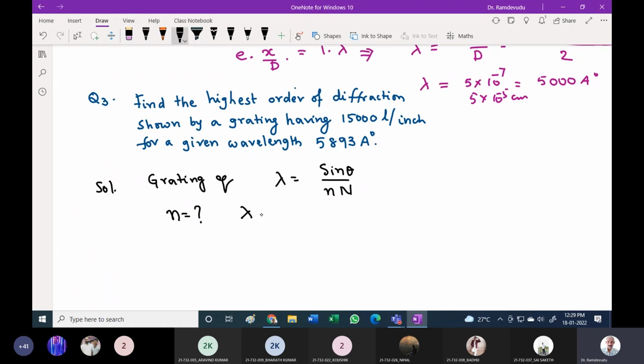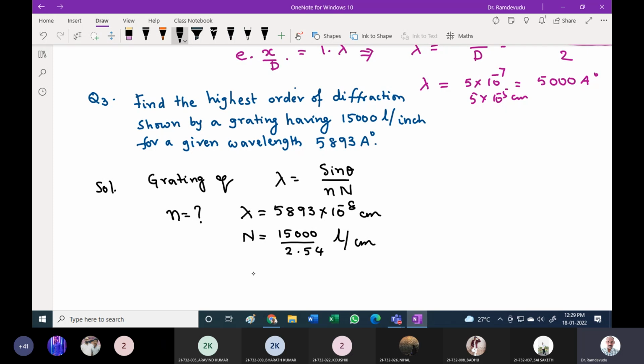For given lambda they have given 5893 into 10 to the power minus 8 centimeters. Then capital N, they have given 15,000 lines per inch. I'm converting this into lines per centimeter. Okay.